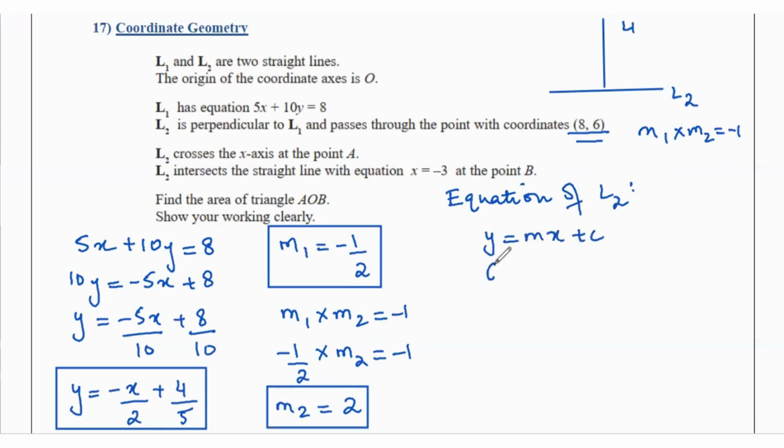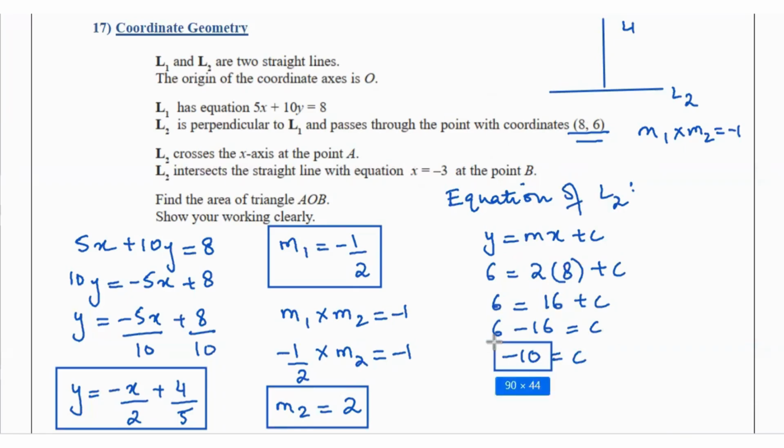Substitute y as 6, m as 2, and x as 8. c is the only unknown. We find its value, which turns out to be -10. So now our equation is going to be y equals 2x minus 10.